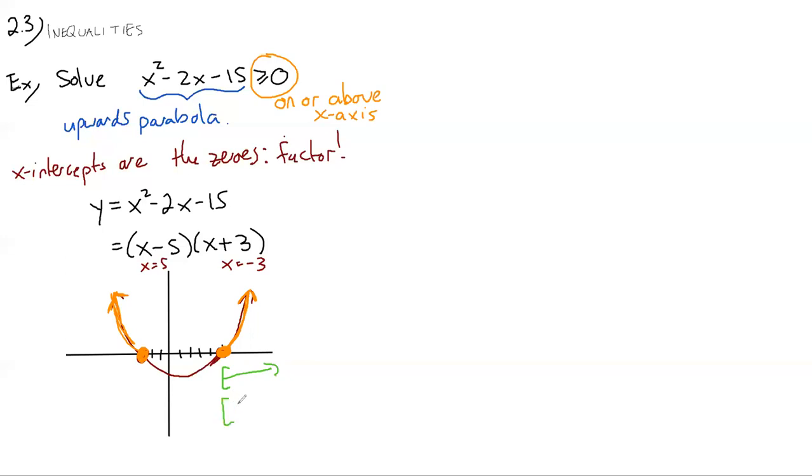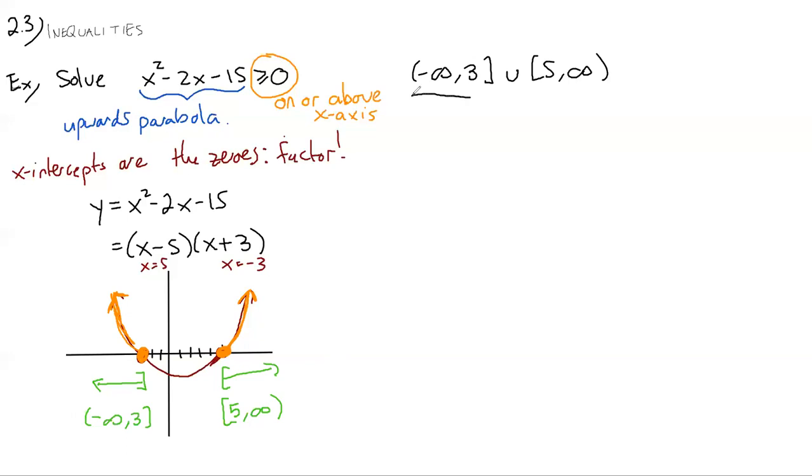And so if I'm looking at this, what I've got here is this section onwards. That's my 5 to infinity. And then over here, I've got that point inclusive, but everything to the left. So that'll be -infinity to -3. And so that's actually my solution. So it will be -infinity to -3 combined with 5 to infinity.